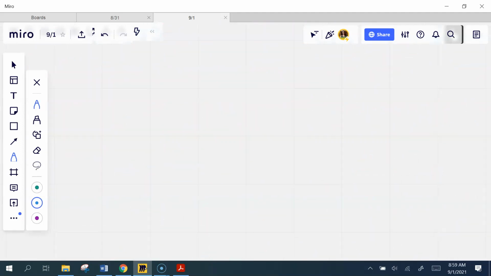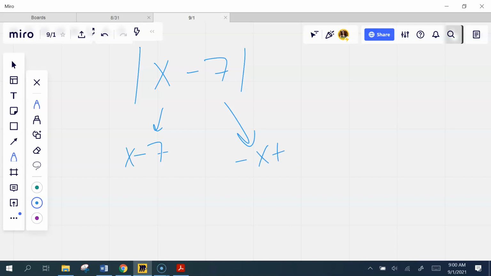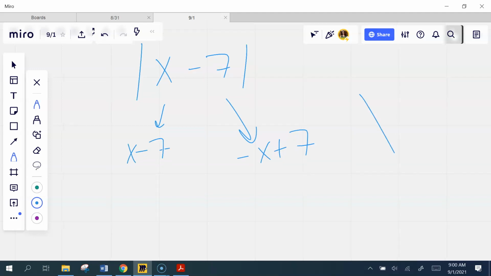Let me say this. If you have the absolute value of x minus 7, this could be x minus 7, or this could be negative x plus 7. You can look at both scenarios to see which one helps you solve. Either one of those scenarios will work. Think about the absolute value graph, right?